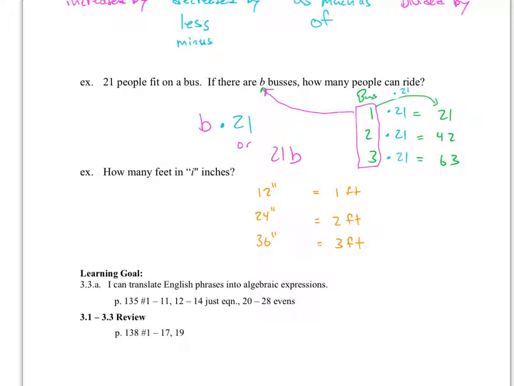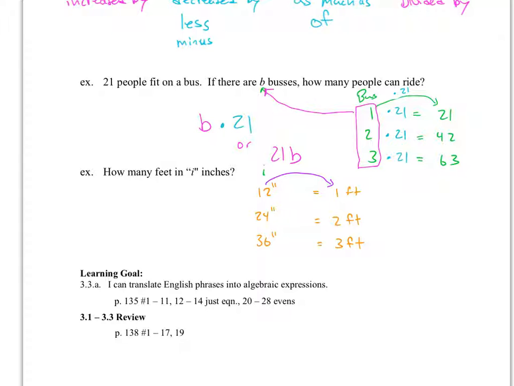So how do I get from 12 to 1? So again, this is my I. 12 to 1. I can subtract 11. Does that work every time? No, it doesn't. So we don't want to subtract 11.